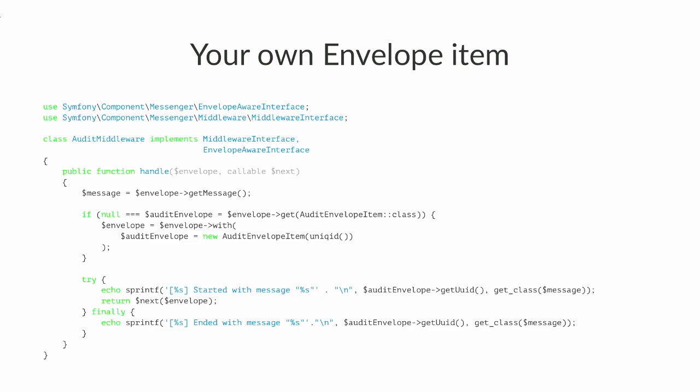And this item is the audit envelope item that actually generates a unique identifier on the fly. So there's a bit of magic of assignments in the ifs, but it makes the code much shorter for the slides, and it also means that in the rest of the code, we can use the audit envelope variable to get the envelope item, whether we actually created it or we just retrieved it from the actual envelope.